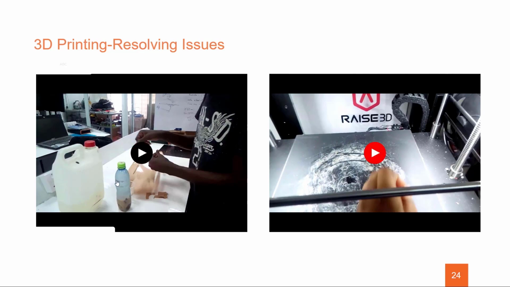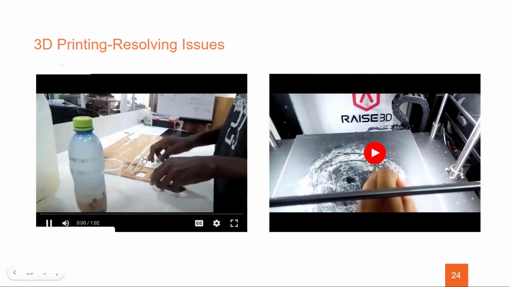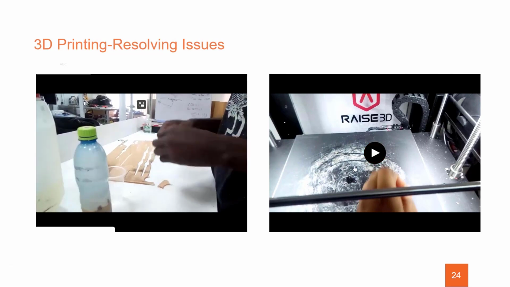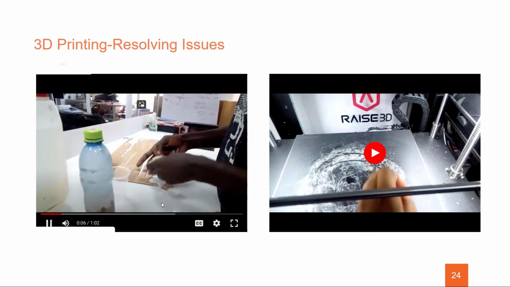So we had to resort to something we found out. We dissolved acrylic: we break it into pieces, put it in a bottle, and then pour turpentine into it. Wait for some number of days for it to dissolve. Then here you would see me applying it on the surface in a moment.